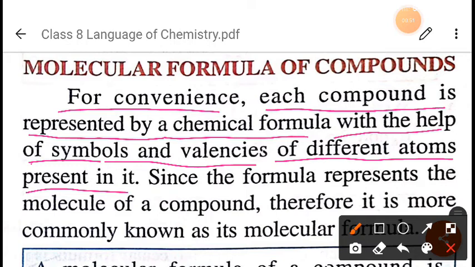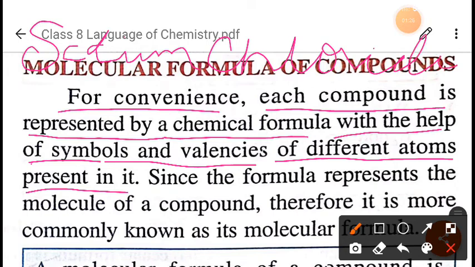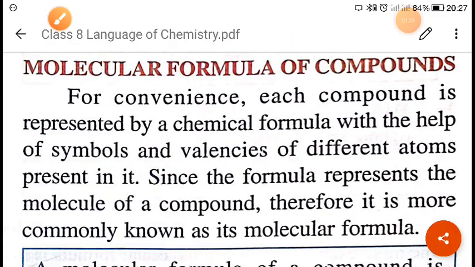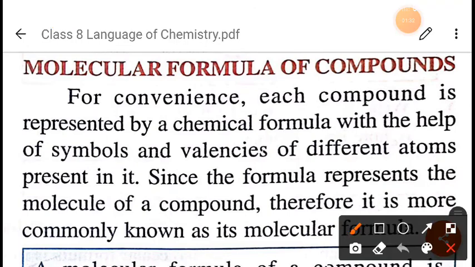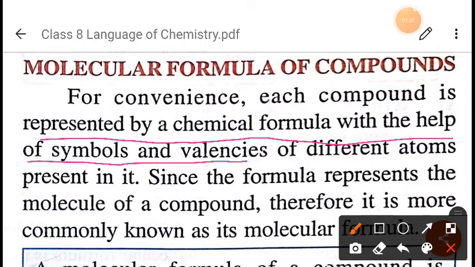Suppose, for example, for sodium chloride we write NaCl, right? So for our convenience, each compound is represented by a chemical formula with the help of symbols and valencies of the different atoms present in it, okay?